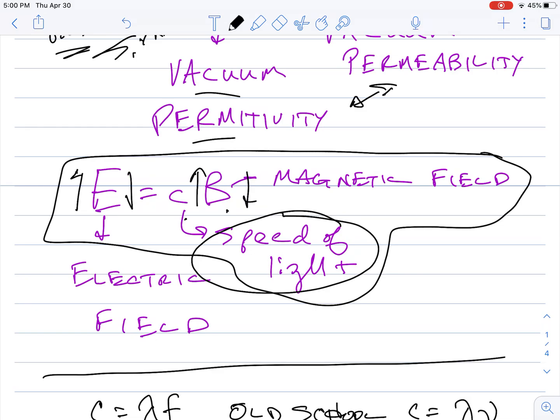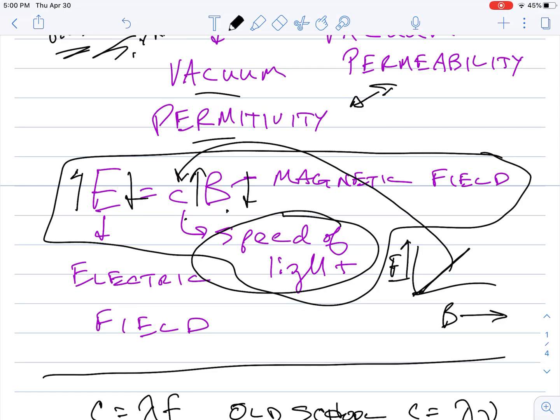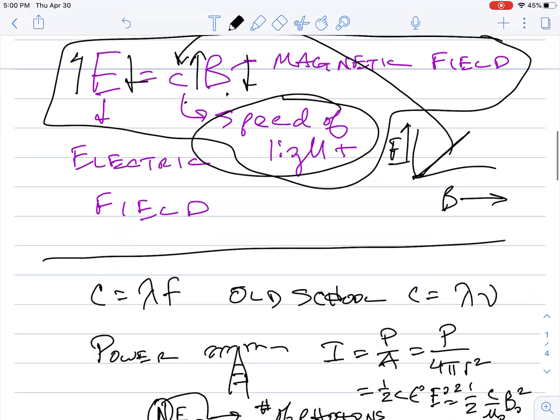If you decrease the magnetic field, you decrease the electric field. If you were to draw a graph and put the electric field on one side and the magnetic field on the other, oddly enough, the slope of this line would get you, wait for it, the speed of light. So as your magnetic field becomes stronger, your electric field becomes stronger, and that's what increases the energy of the system.